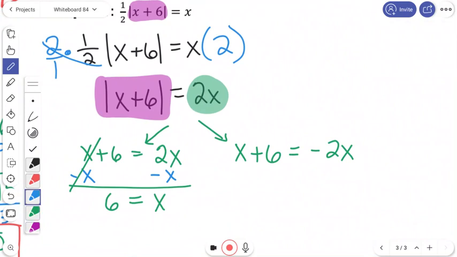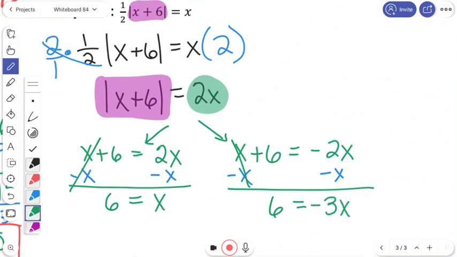Now if I look at my other equation, I'm going to get rid of my x again, subtract x from both sides of my equation, and that gives us x minus x is 0. That gives us 6 equals negative 2x minus x, which gives us negative 3x. Well, my x value isn't alone yet. It's not isolated.